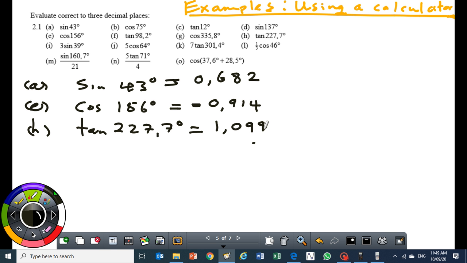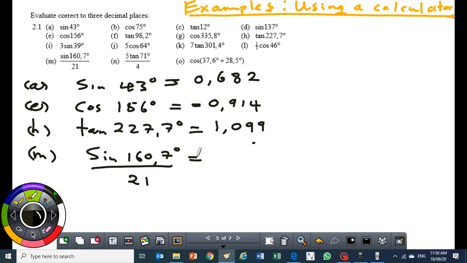That's very straightforward. Let's do one with fractions like M. So M we have sine 160,7 degrees all over 21.